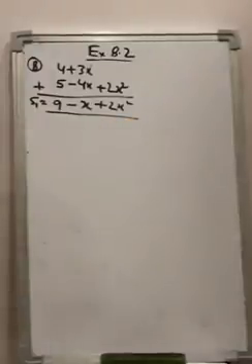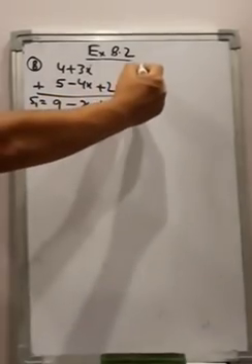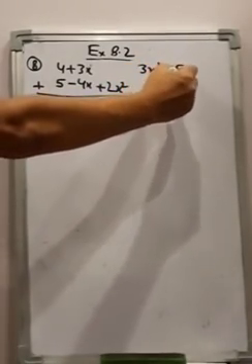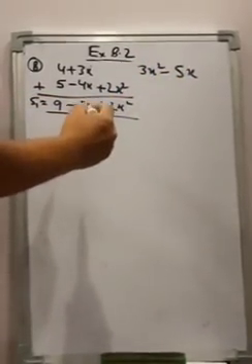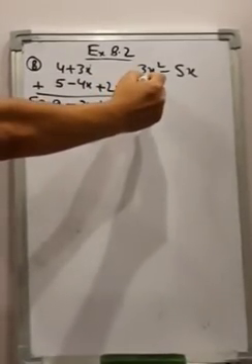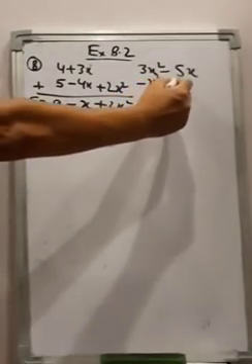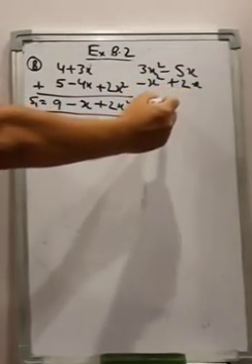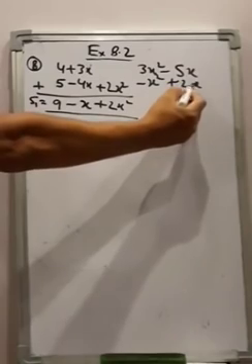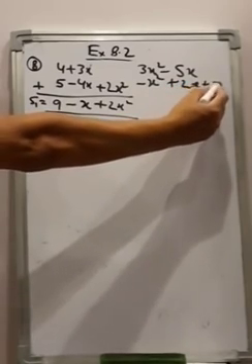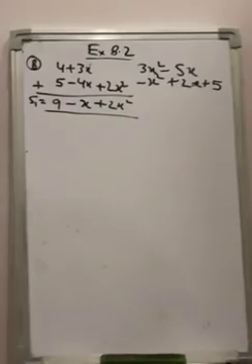Now the second sum of these two expressions, 3x square minus 5x, and the second, we'll write in order, x square below x square, so minus x square plus 2x, and be careful about the signs. When you are changing the order especially, you have to be careful about the signs, right?